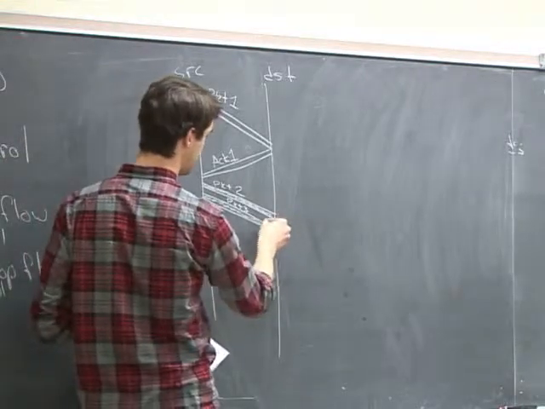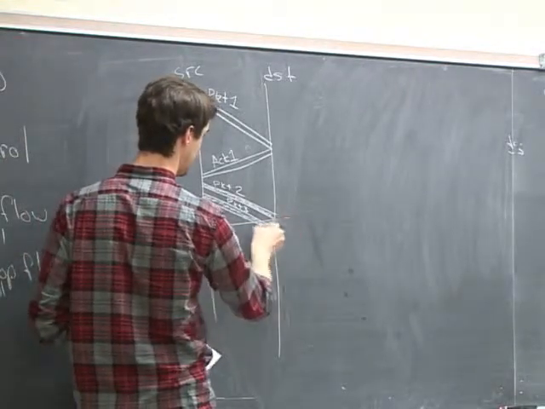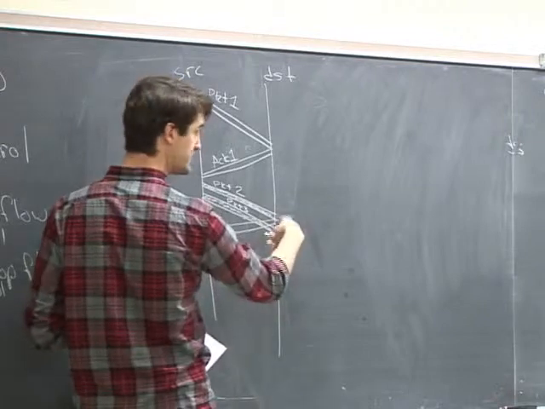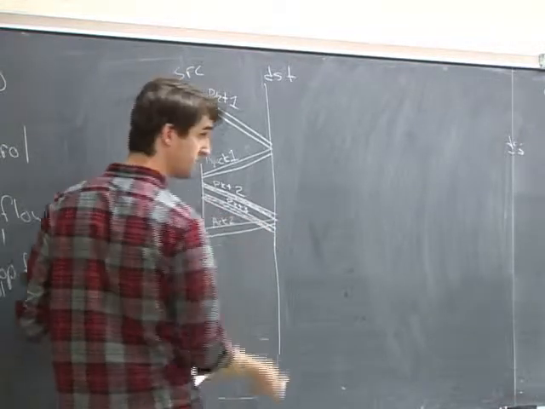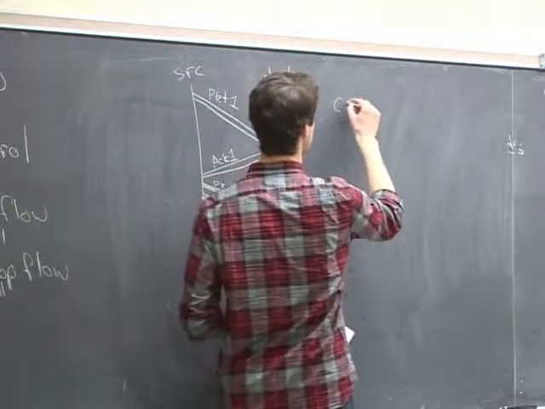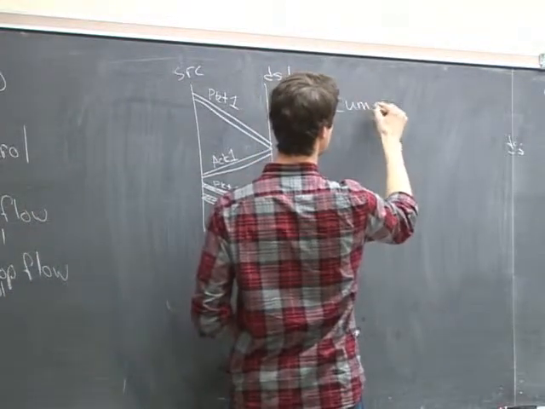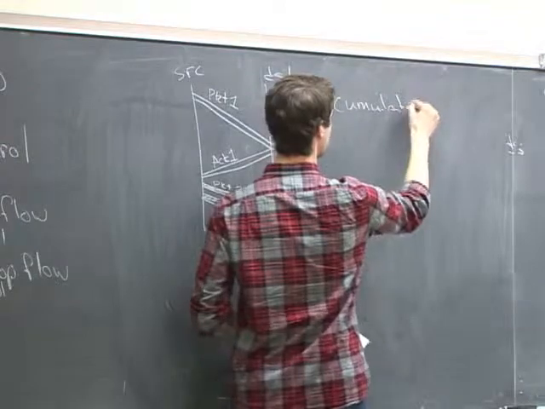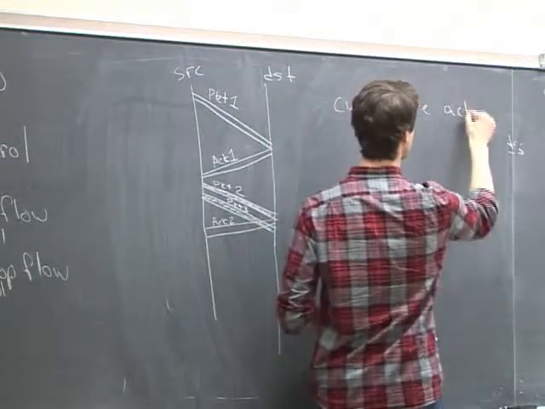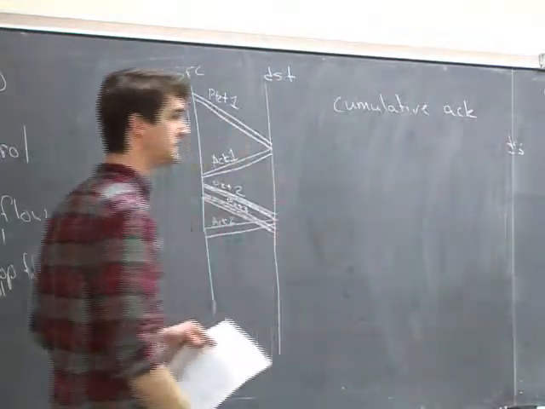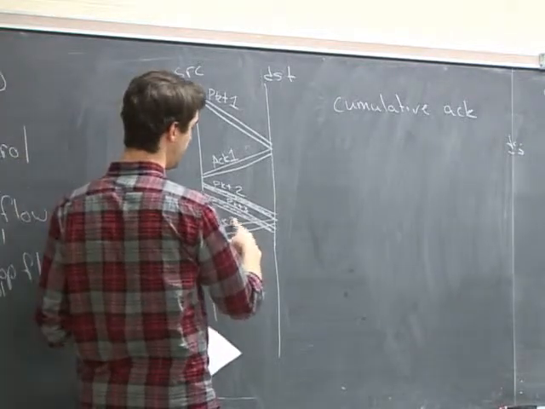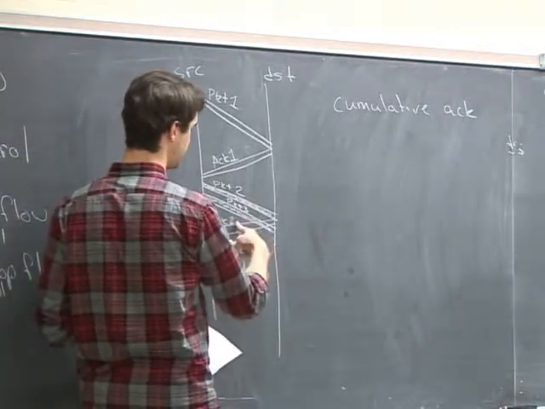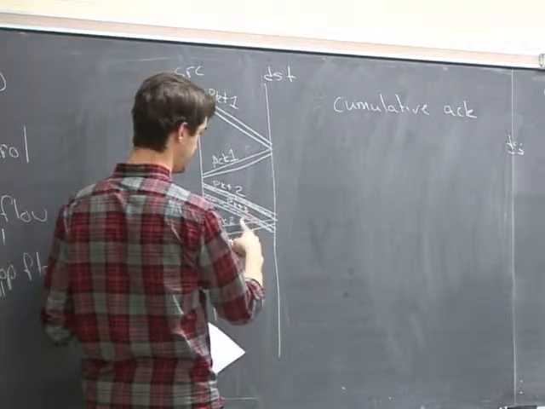And then when the destination acknowledges, it does what's called a cumulative acknowledgement. And this cumulative acknowledgement just has the sequence number of the highest packet you've received.